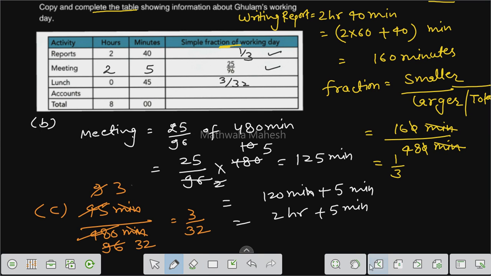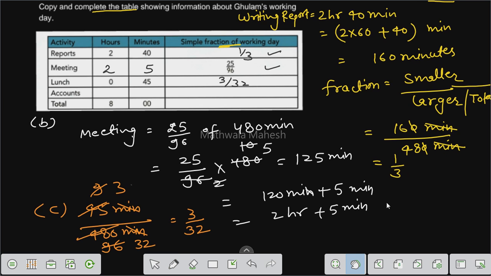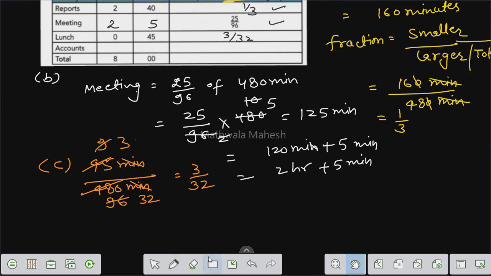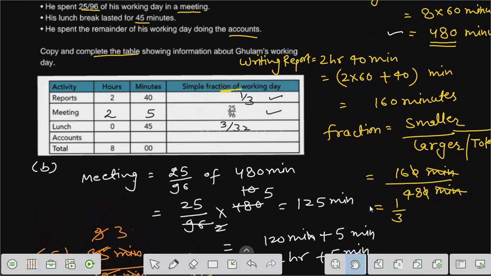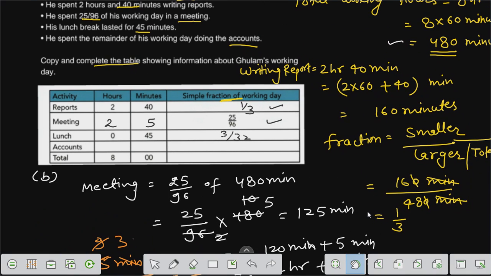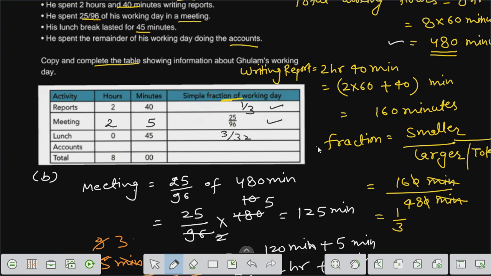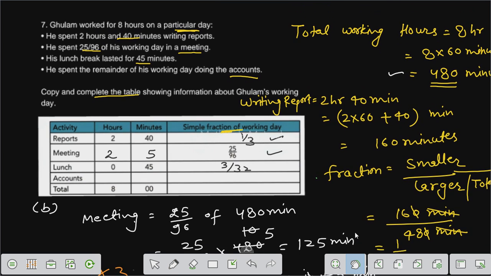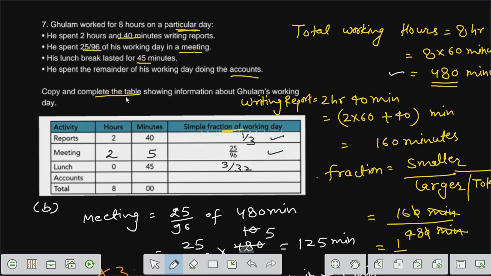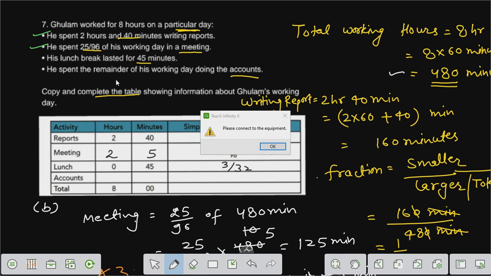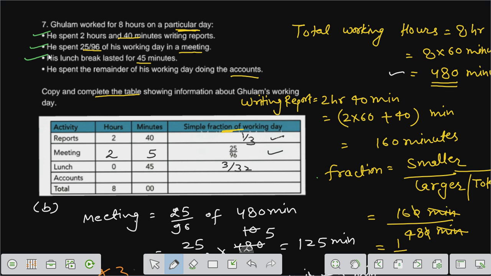Okay, now the remaining. For the remaining we have to do this calculation. Now we have completed this one, this one, and this one, and this one.